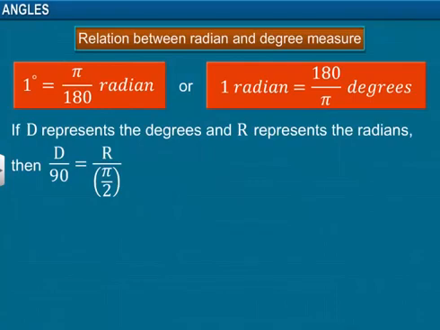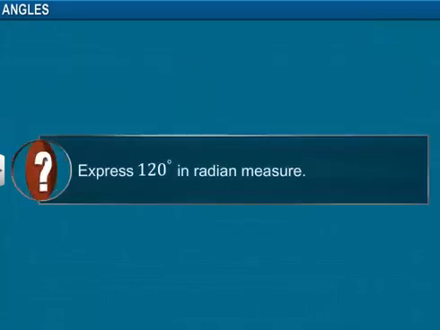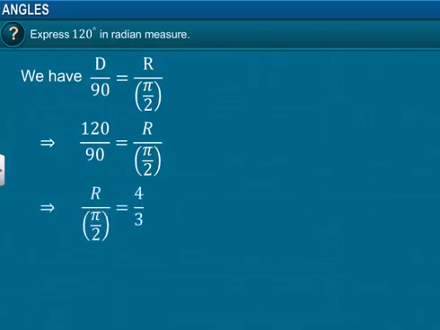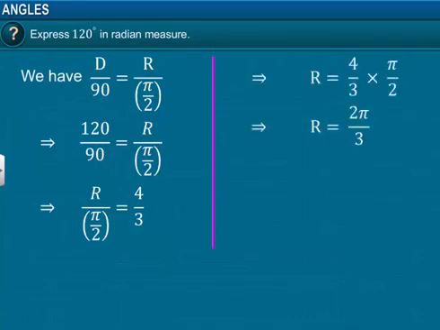Let's take one example to convert degree measure into radian measure. Express 120 degrees in radian measure. We have D divided by 90 is equal to R divided by pi upon 2. Substituting the value of D and then simplifying, we get R is equal to 2 pi by 3.